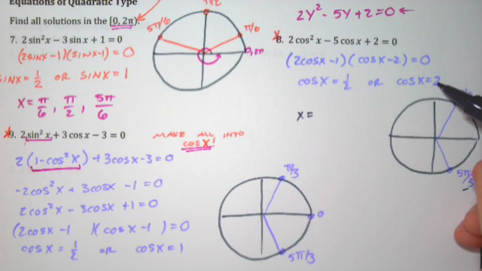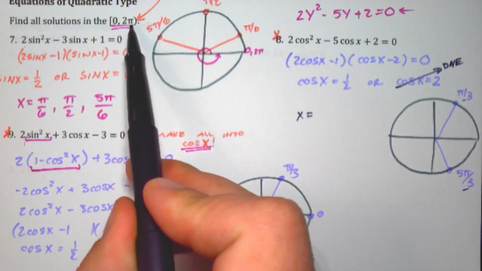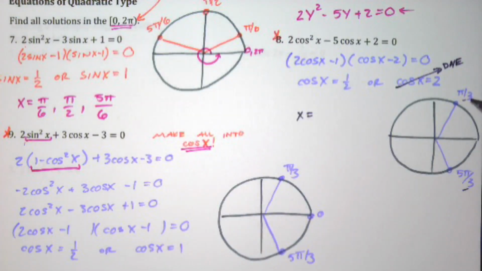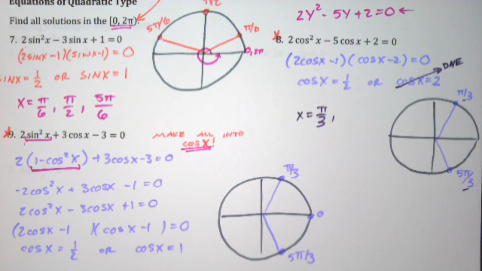And then cosine of x equal to 2, which hopefully felt familiar from the first page as this does not exist, right? Because cosine is going to be from -1 to 1. It can't be larger than that. So for number 8, our only two answers we have, because again, it's finite, it's only from 0 to 2 pi, is that pi over 3 and that 5 pi over 3.